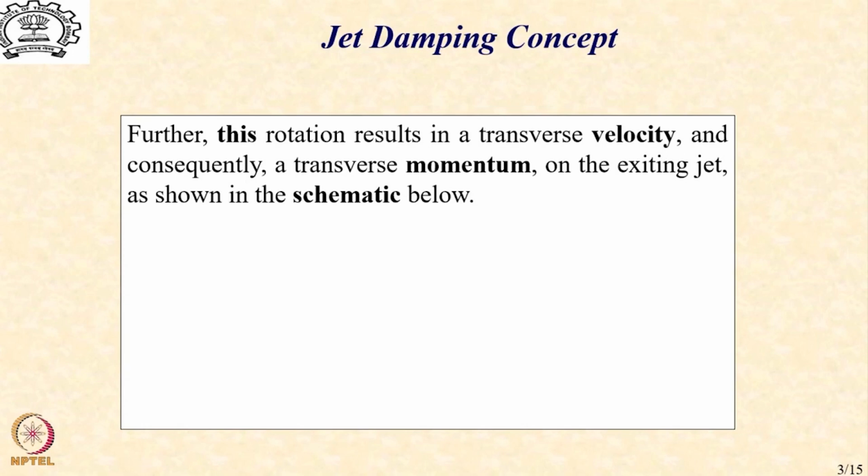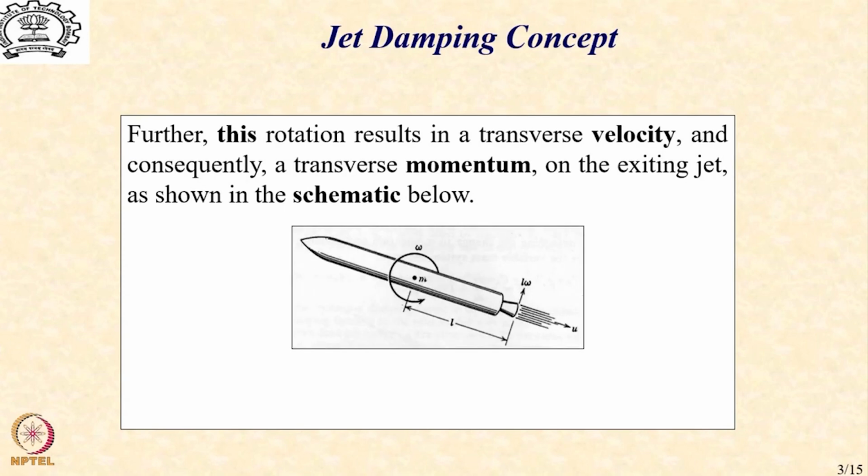The phenomenon is shown schematically below. So here you see that there is a rocket which has acquired an angular velocity omega about its axis, and under the action of this angular velocity omega, which is anti-clockwise, the jet which is exiting at a distance L behind the center of mass of the launch vehicle acquires a rectilinear velocity L into omega in the direction normal to the axial velocity u and represents the transverse momentum.